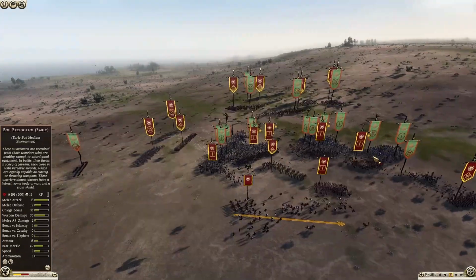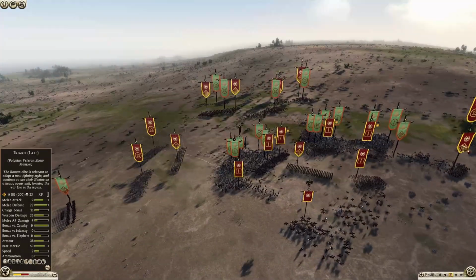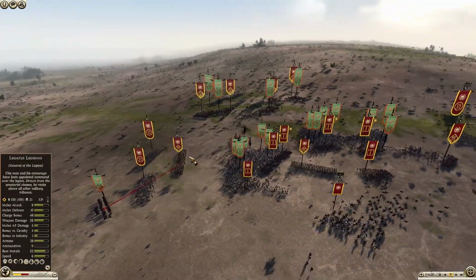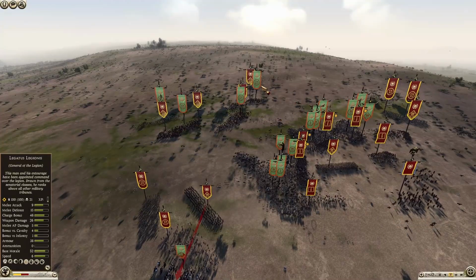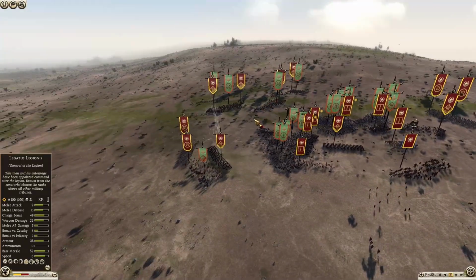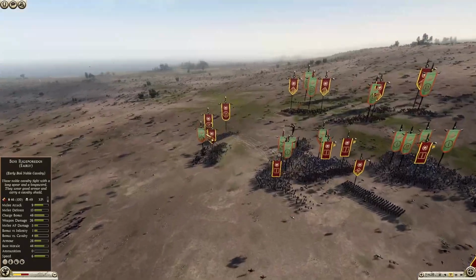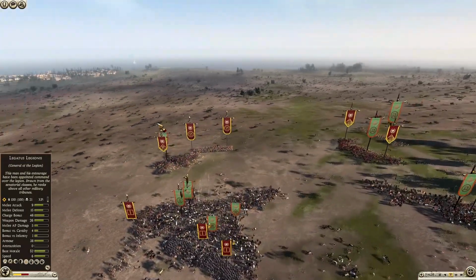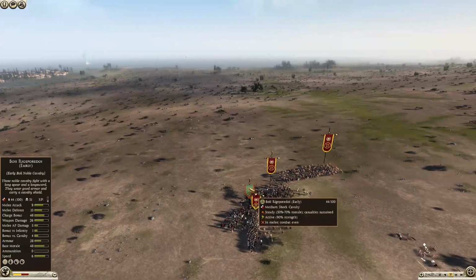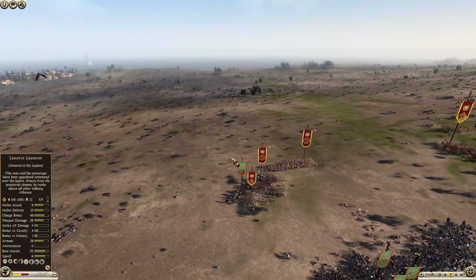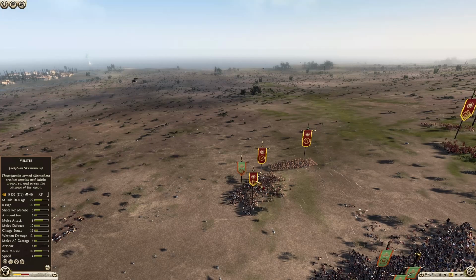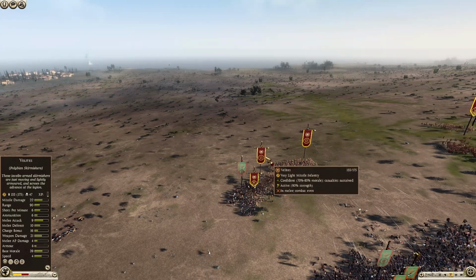And once we have our triary, Principe, and velite in the back of the enemy, it's already over for them. Over here, one of the enemy cavalry just came back. We rout this unit, but we didn't make them shatter, so they just come back to the fight and charge into my velite.